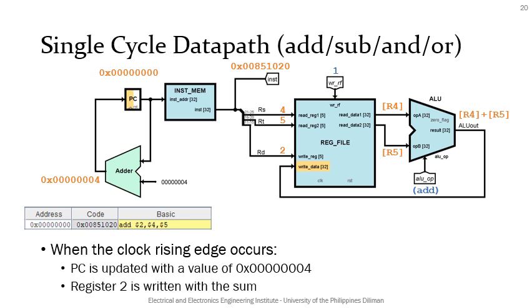Note that this adder works in parallel with the rest of the instruction execution, as the path from PC splits into the adder and into the instmem. Most likely, the value of 4 will be ready at the PC input at an earlier time than the value of the sum at the write data port of the register file because of the shorter logical path for the PC increment than for the actual operation.